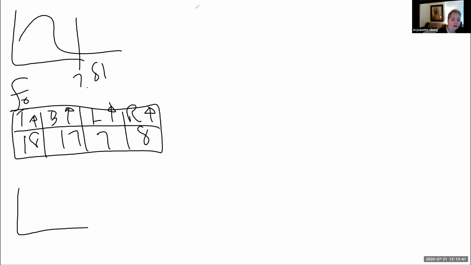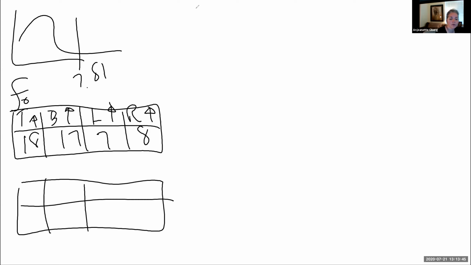Let's look at our expected frequencies. If we're assuming a no preference hypothesis, if we have 50 people, we have 4 categories, we just take 50 divided by 4, and that's 12.5, 12.5, 12.5, and 12.5.